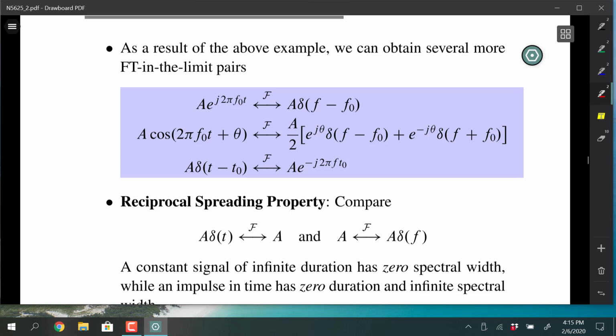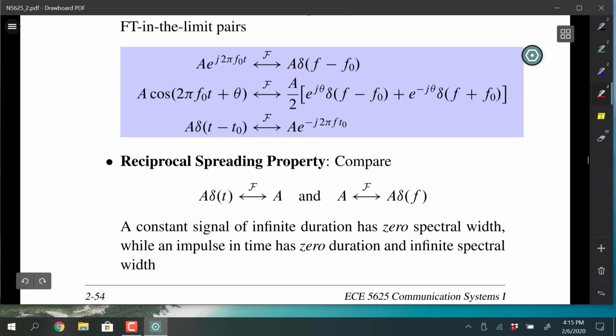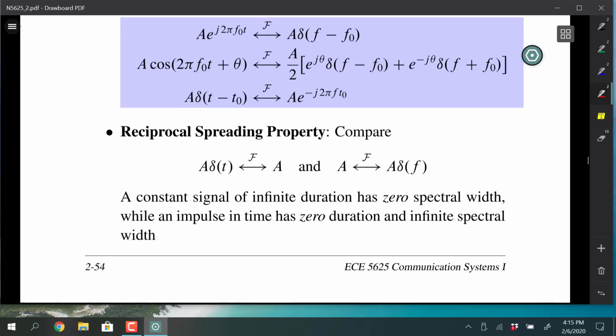One of the things we can stop at, though, is something called the reciprocal spreading property, which is just a concept that you've probably seen before. I think it's in the review section of chapter 2. A signal that has 0 time width is a delta, and that becomes a constant spectrum. It covers all spectrum with the same amplitude A. And a signal that has infinite width, like a constant signal from minus to plus infinity, has 0 width in the frequency domain.